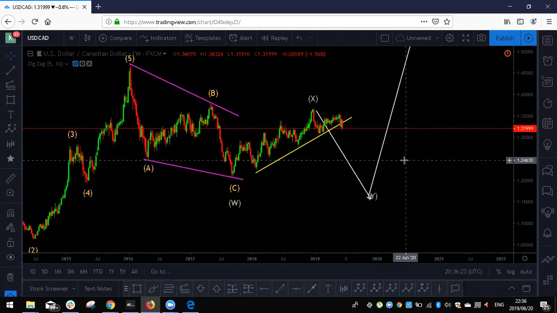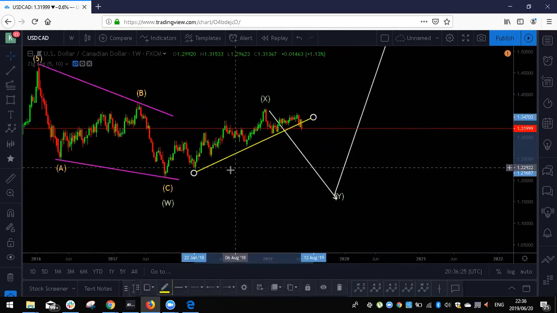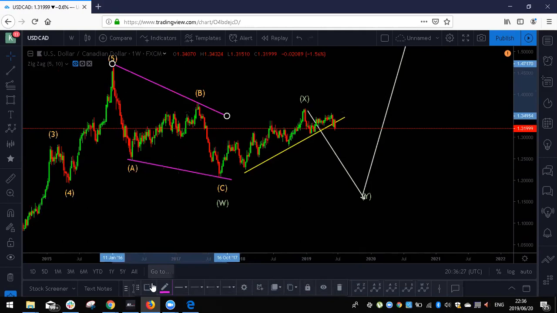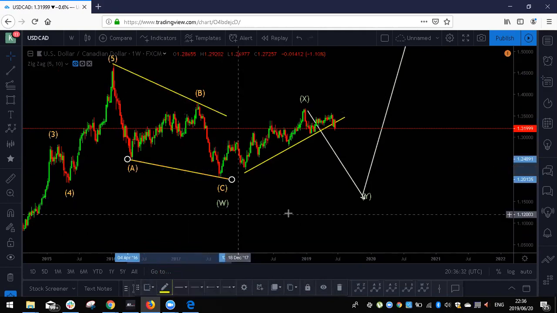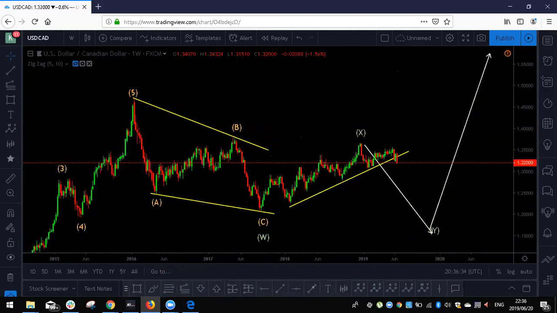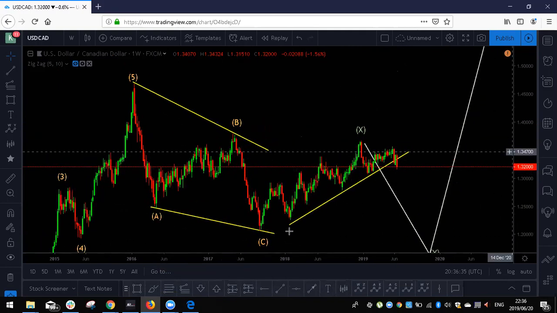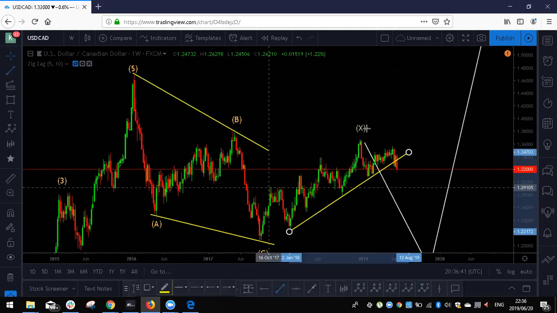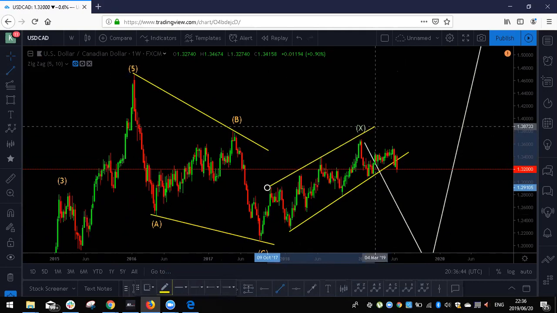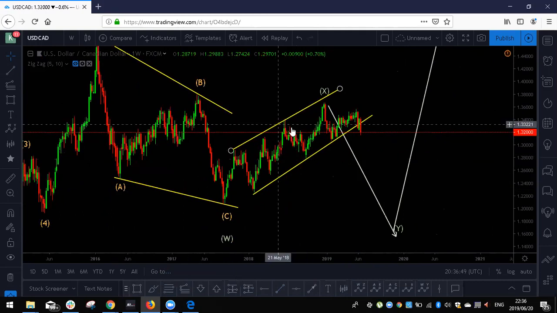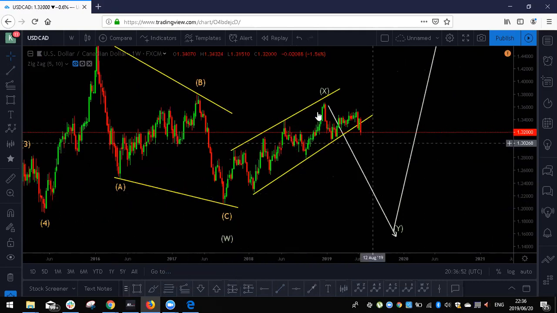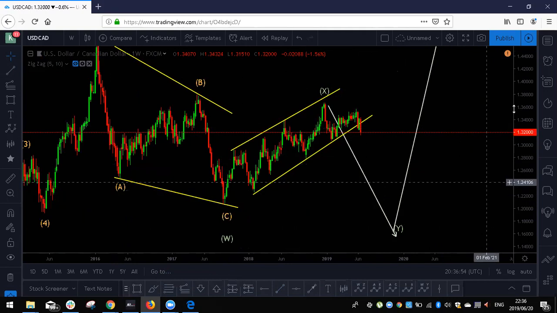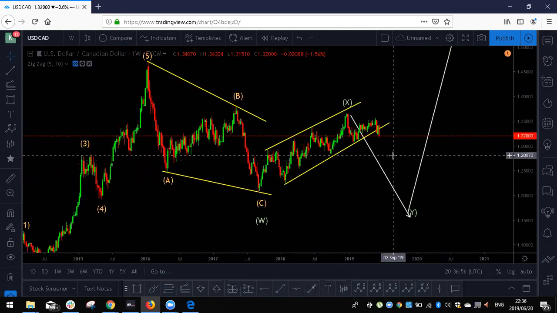And then coming this side, let me make this yellow, because I use yellow trend lines when I analyze. Coming this side, we need to show wave X, how wave X is going. So this is our wave X, and it's done. You don't have to complicate it with any more trend lines.